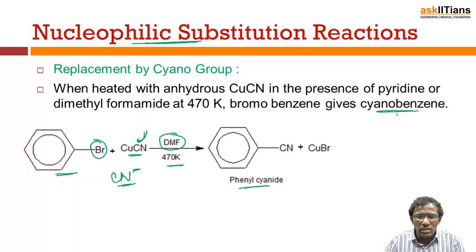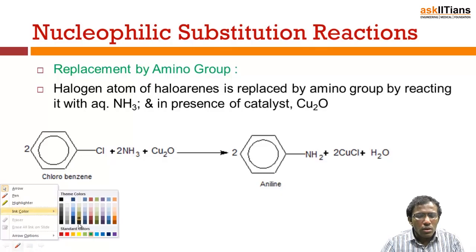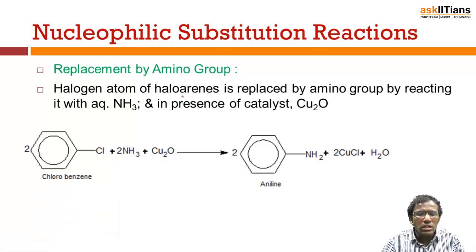This is the second type of nucleophilic substitution, and we'll see the third one now, the replacement by the amino group, NH2. In this reaction, the halogen atom of haloarenes is replaced by the amino group by reacting with aqueous ammonia in the presence of the catalyst Cu2O.